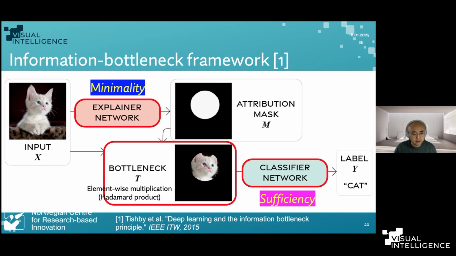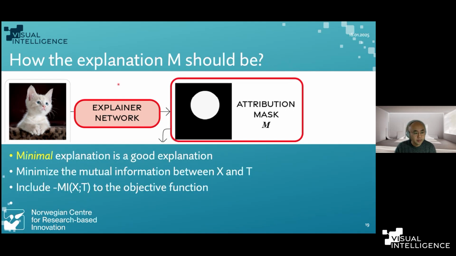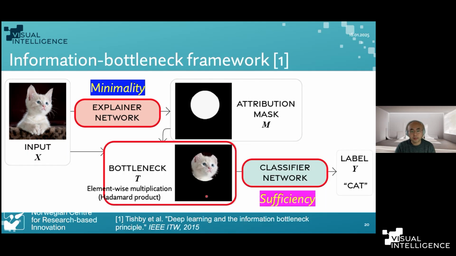Then this minimality is not achieved here. So we want to minimize mutual information between X and T. So we want to discard as much as possible. This is sort of the goal for this explainer network. And then this is formulated by adding negative mutual information between X and T to the objective function.